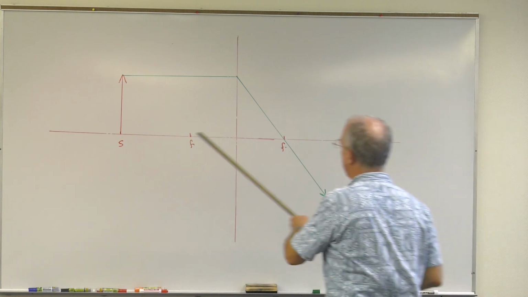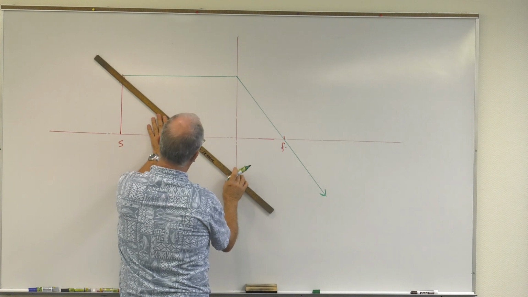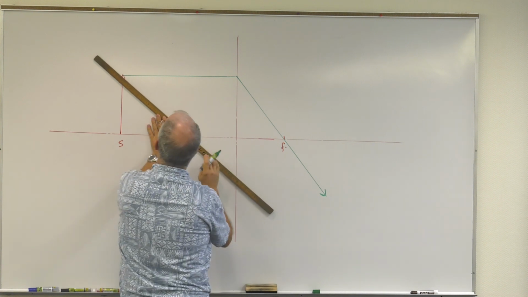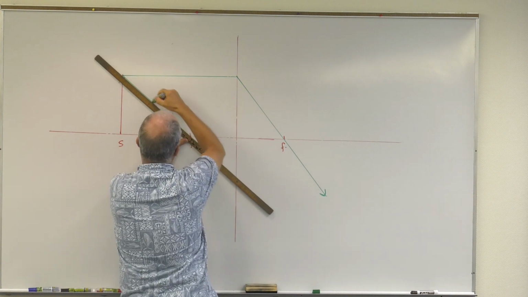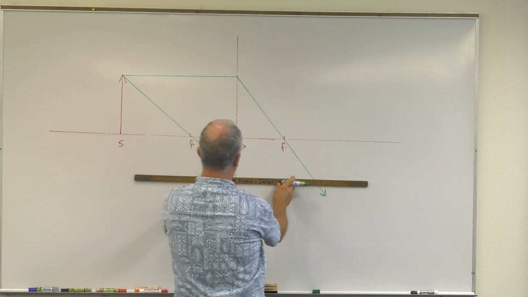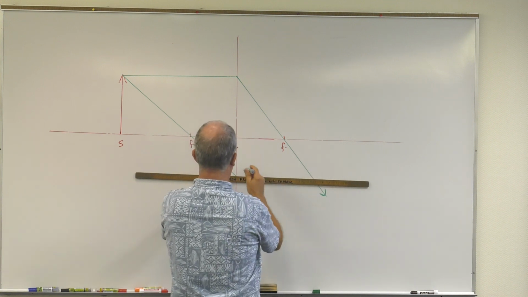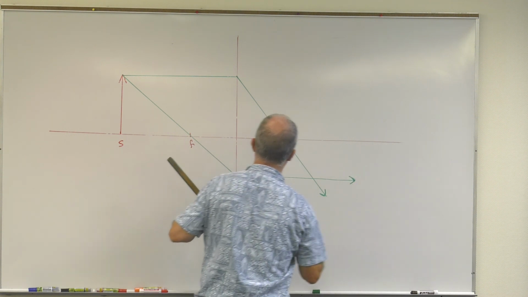Now this guy, focal in, sorry. So focal in to the lens, then it gets to the lens, and it's parallel out. Something like that. So that's number 2.